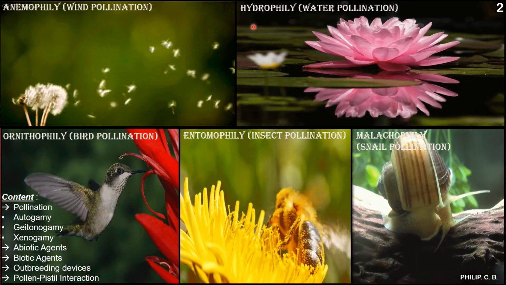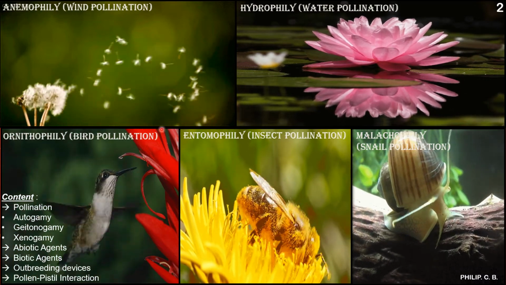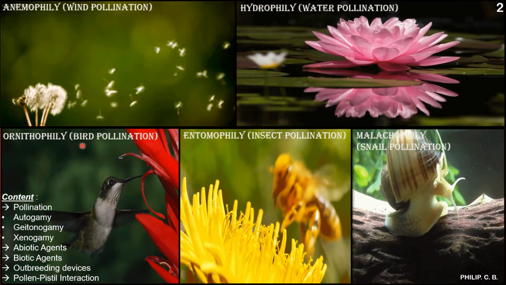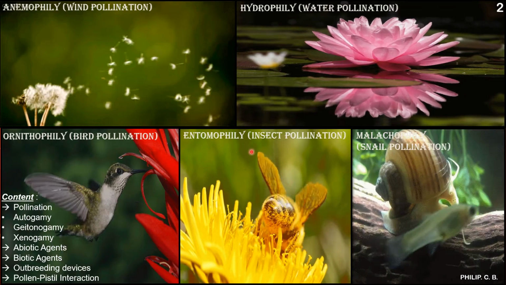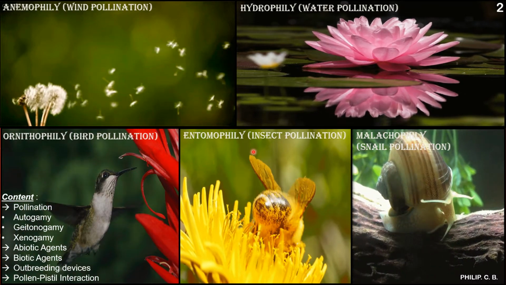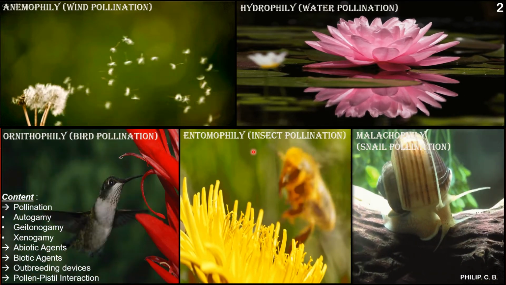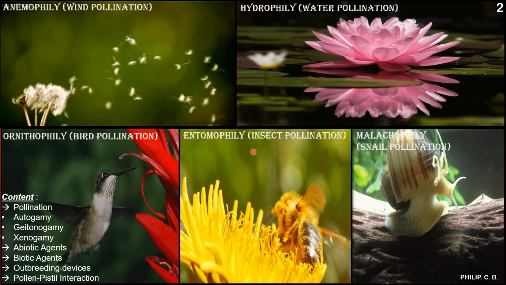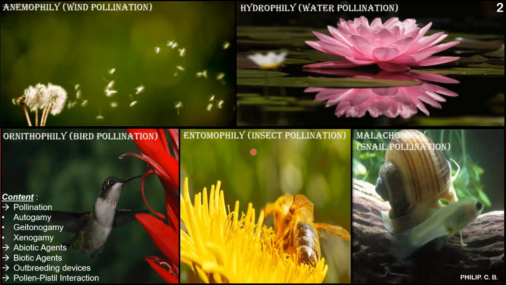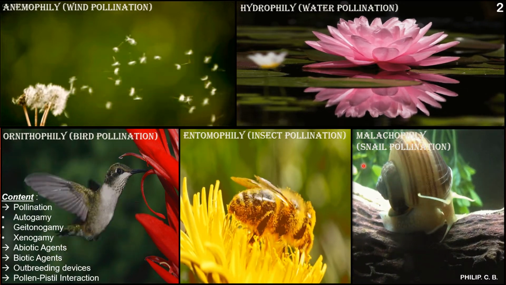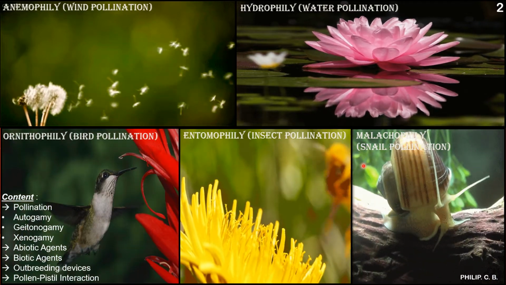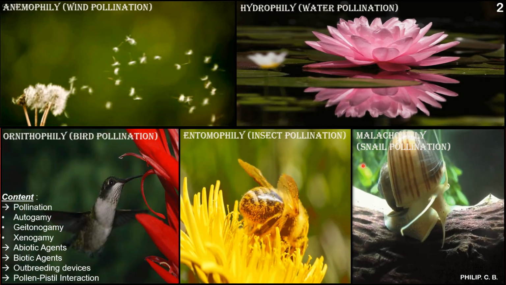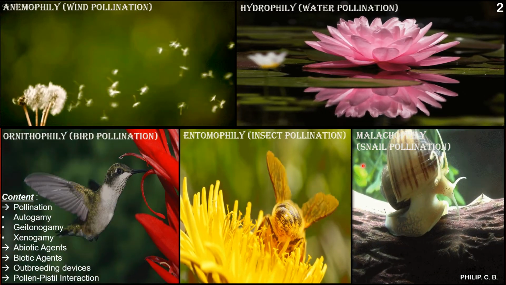Second, hydrophily, water pollination. Ornithophily, bird pollination. Entomophily, insect pollination. Also there are various types of insects, as all of you will be knowing. So based on the insect the different terminologies are there, but in general it is entomophily. And malacophily, snail pollination.